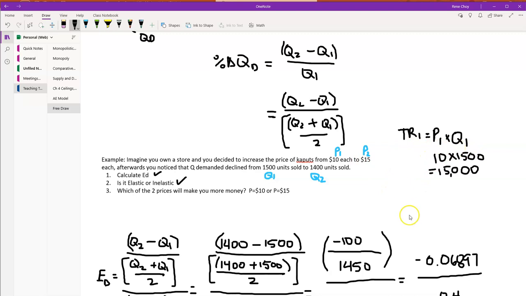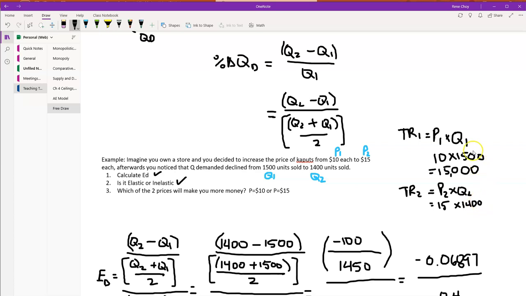All right, my second price quantity strategy, or total revenue 2, is equal to my second price times my second quantity. So I'm going to take my second price, which is 15, and multiply that times my second quantity, which is 1,400.